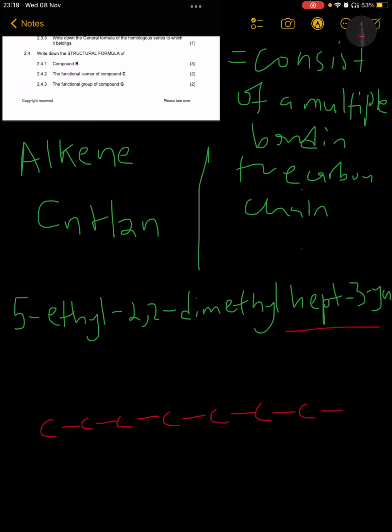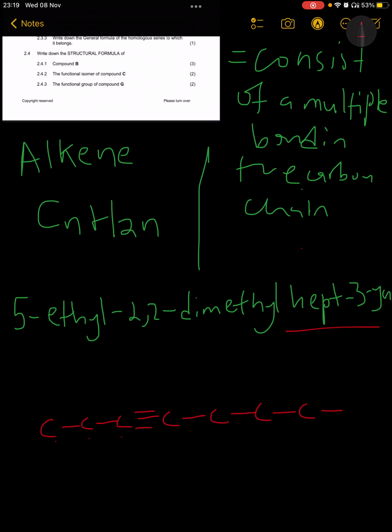Hept-3-yne comes from alkynes. Where is this alkyne? In carbon number 3. So either choose from right to left or left to right. I'll choose left to right. Alkynes have a triple bond, so this is carbon number 1, 2, and 3. And in carbon number 3, we have a triple bond. Okay, we're done with that.